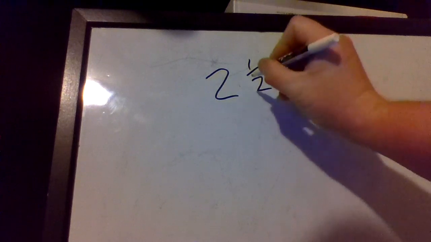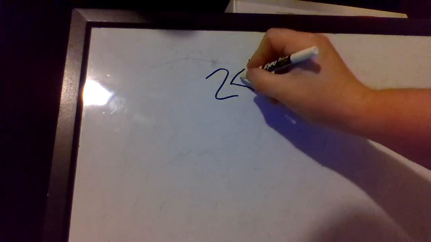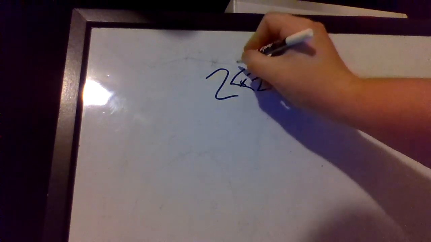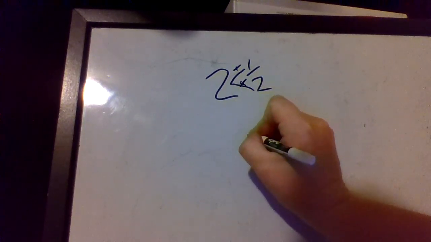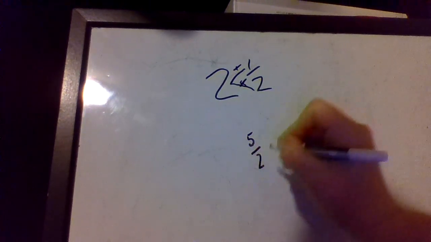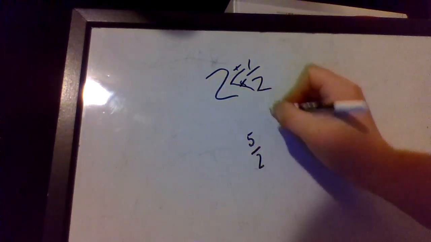The way we do that is we multiply here and we add here. So multiply and then add. 2 times 2 is 4. 4 plus 1 is 5. So this is 5 over 2. You see we keep the number on the bottom, the denominator, the same.